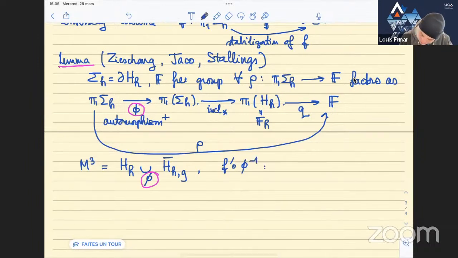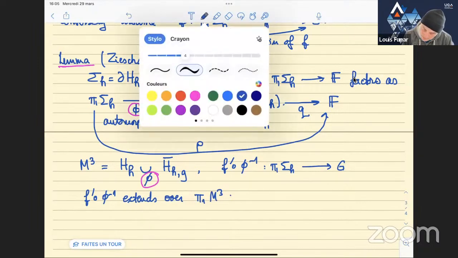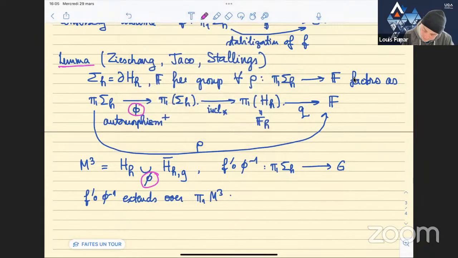Now you observe that this is going from pi 1 of sigma H into G, okay, and F prime composed with phi inverse extends over M free, actually over pi 1 of M free, because the main condition comes from this part here.